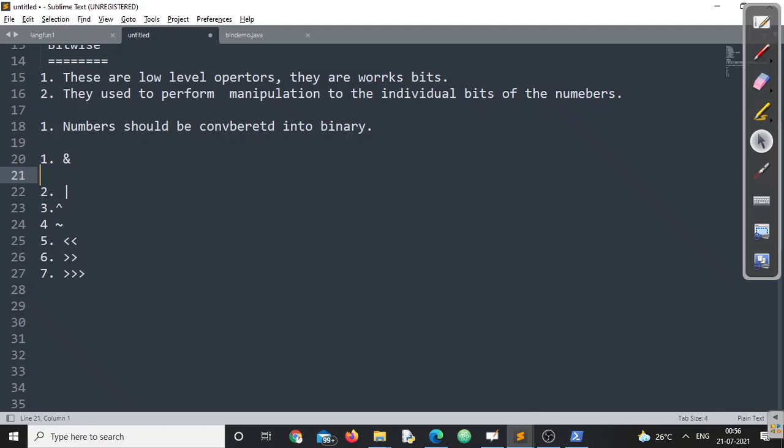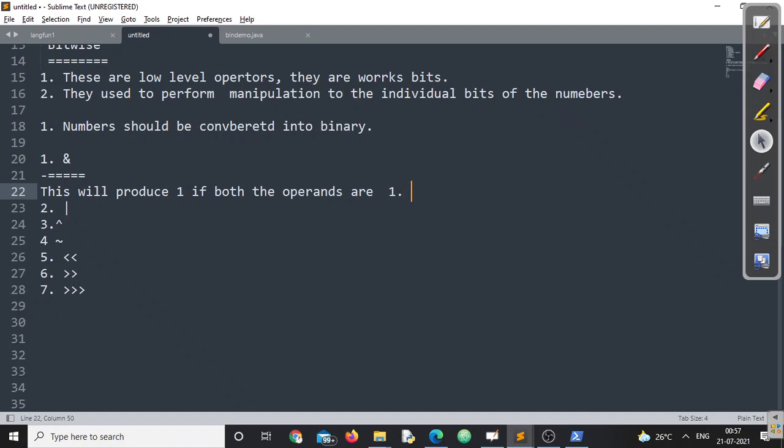One thing I just want to add here: this operator will produce 1 if both the operands are 1. Otherwise, in all other cases, it will produce 0. Remember this point.